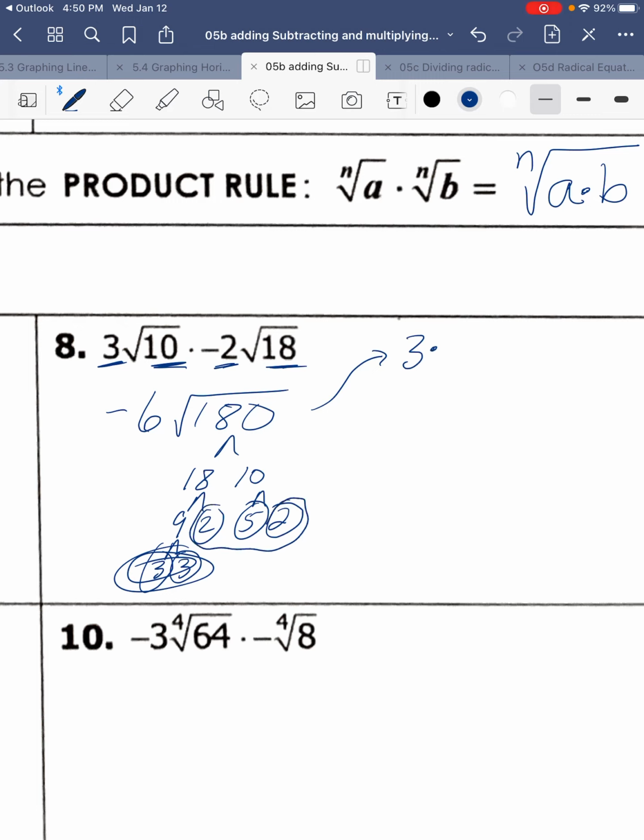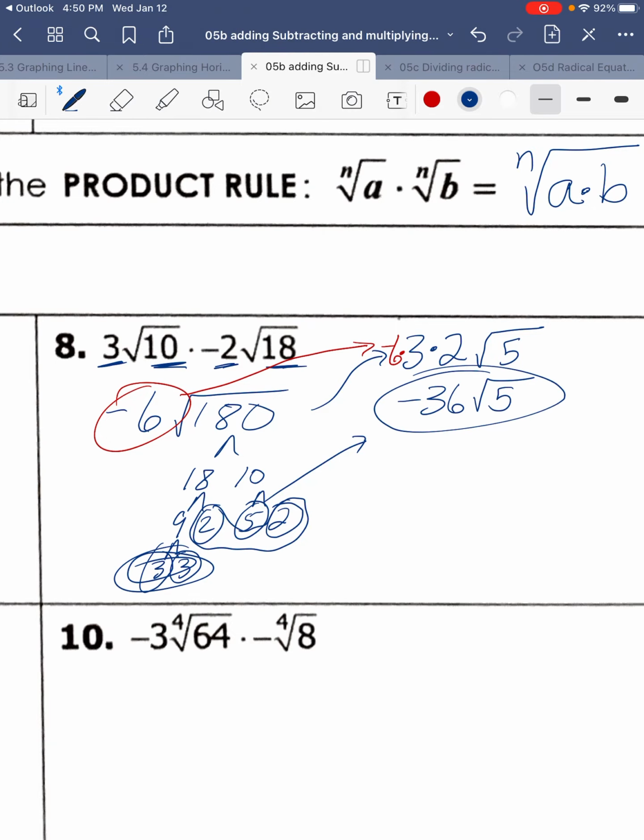Also have a pair of 2's, so 2 times 2 is 4, or 2, and there's a square root of 5 left over, so that's going to stay underneath. And I actually forgot about this -6 here. That's got to be out here. Forgot about that right away. My bad. -6 times 3 is -18 times 2 is -36, and that's a square root of 5.